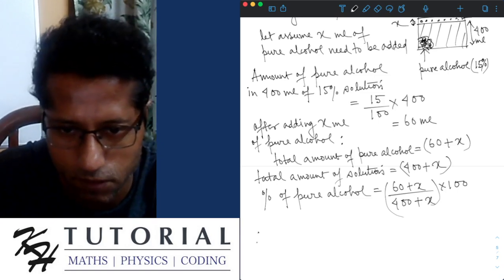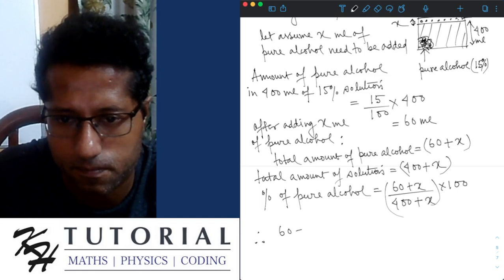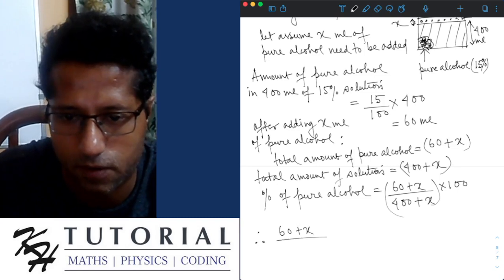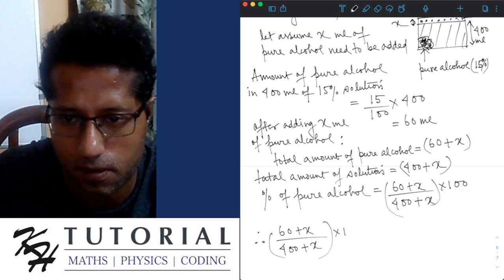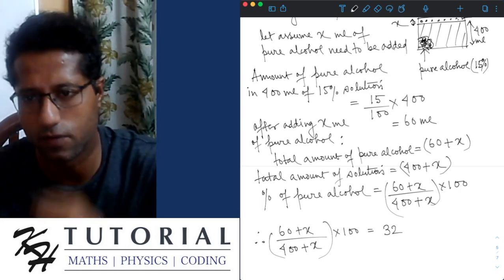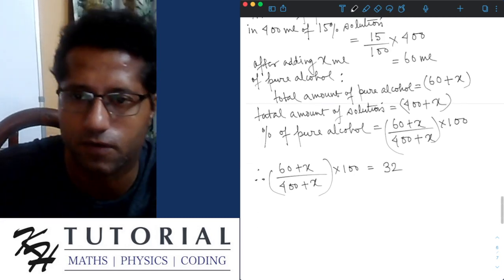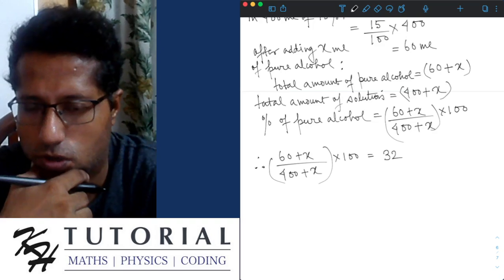Therefore, as per the problem statement, 60 plus x divided by 400 plus x multiplied by 100 equals 32. So this is the linear equation we have formed from the word problem. We have to now solve this.